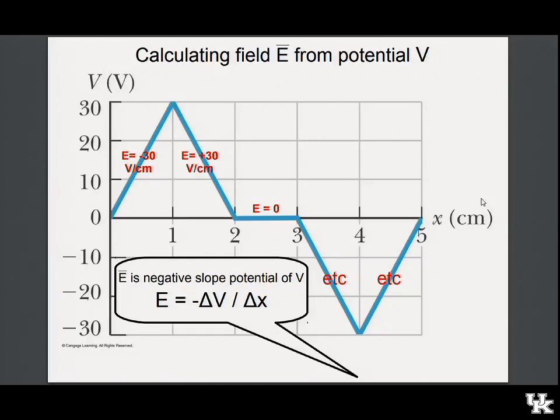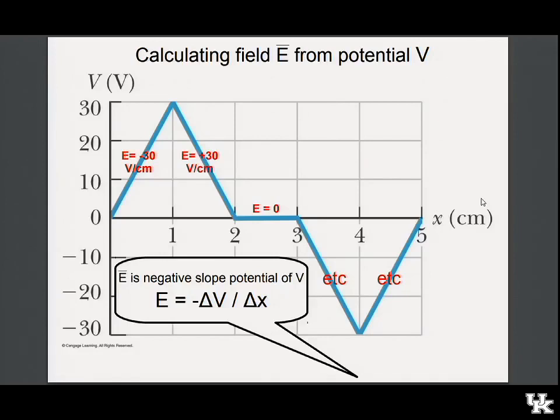And I'm plotting vertically the electrical potential as a function of your location in space. So I'm walking from the origin, 1 centimeter, 2 centimeters, 3 centimeters, 4 centimeters, 5 centimeters. As I take that walk from the left to the right, I see that the electrical potential V is changing. As I walk to the 1 centimeter location, it's growing from 0 to 30 volts.